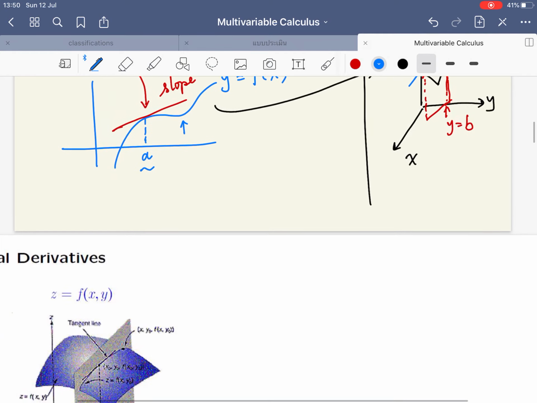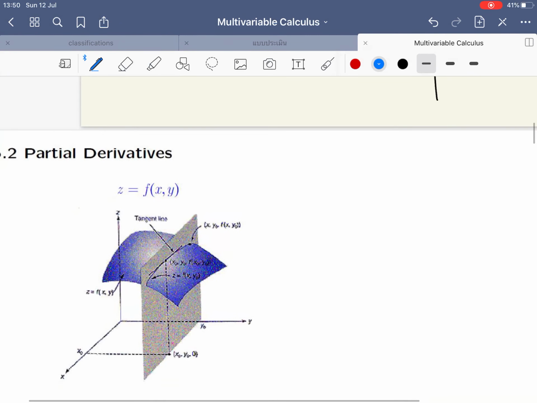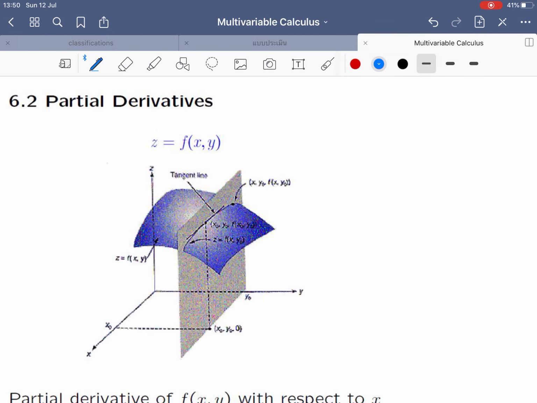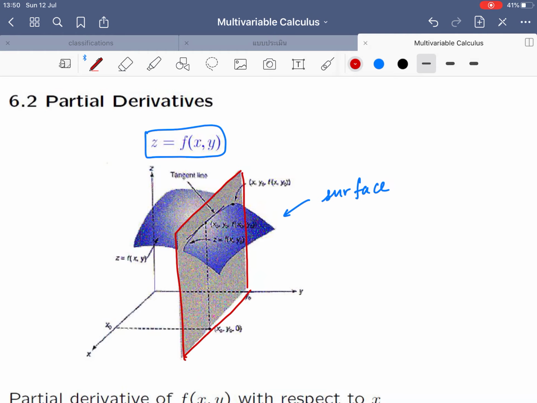So let's look at what we are going to have right here. As I told you, we are going to have a surface. Let's say z equals f of x and y, and then we are going to fix, or we cut, the surface by this plane, this straight sheet of paper. This plane is called y equals y0. So your y is fixed.